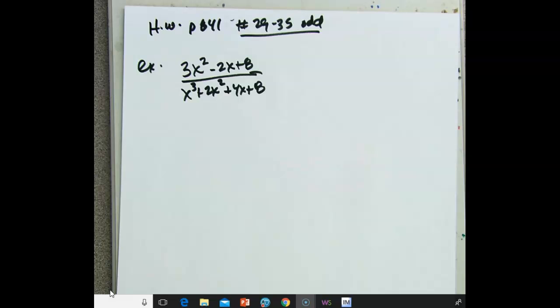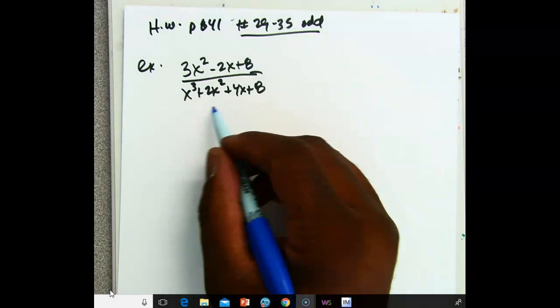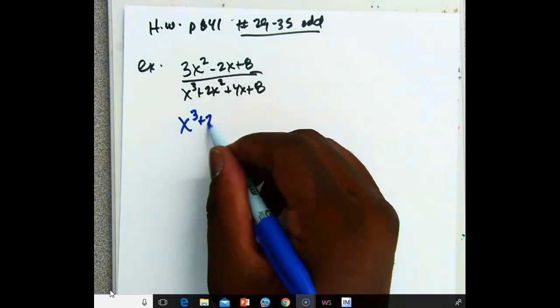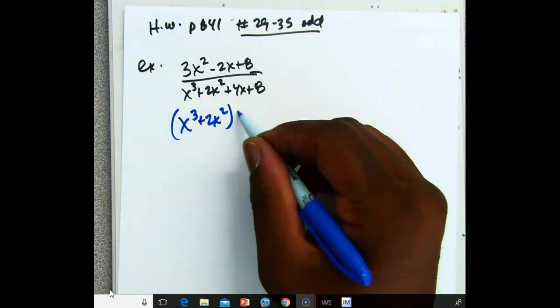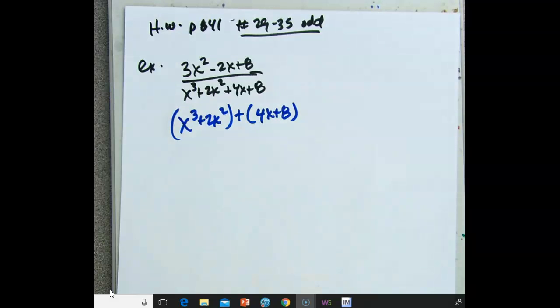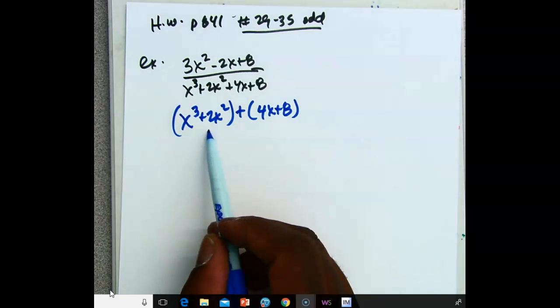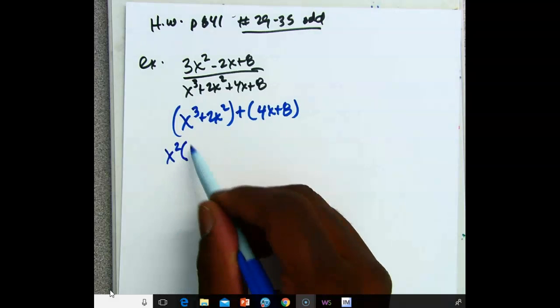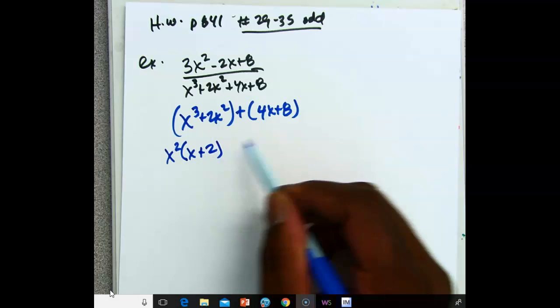We're used to factoring where you have 3 terms. Here we have 4. All right, so take a look at our denominator. I'm going to group it. What's our greatest common factor in my first set of groups? X squared. So if we pull out an x squared, we're left with x plus 2.